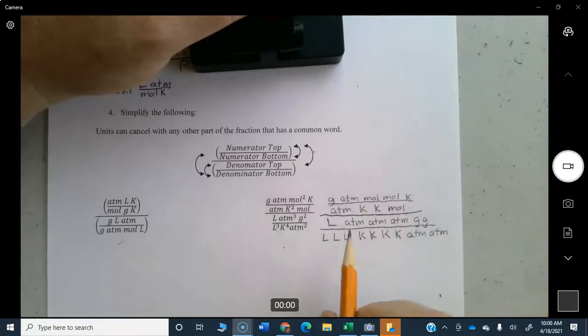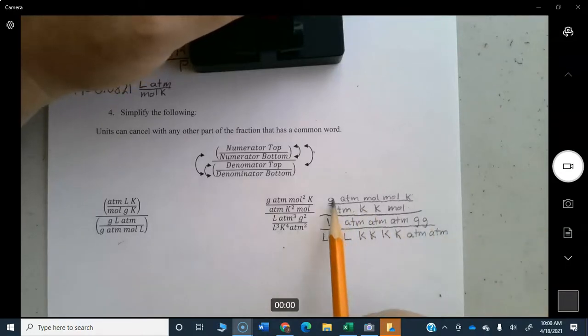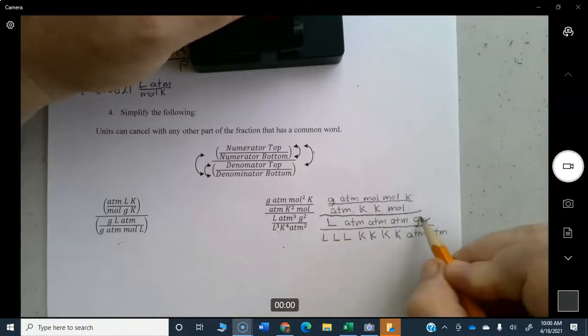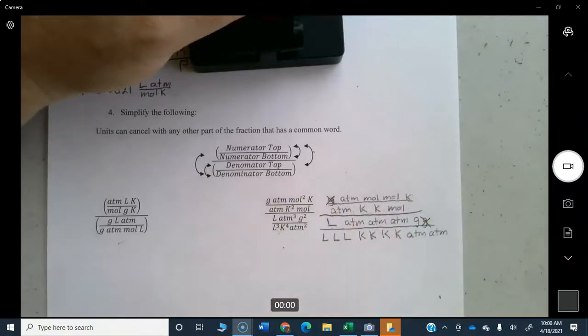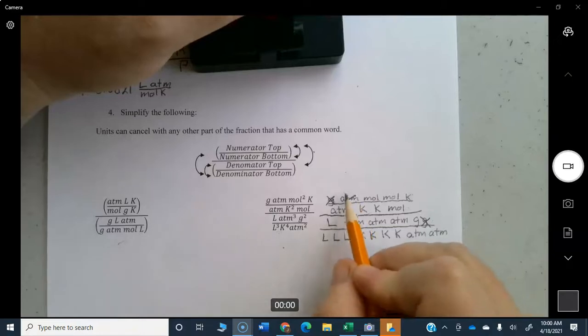Okay, so let's start at the top. So numerator top will cancel with numerator bottom. We don't have any grams on the numerator bottom. Or with denominator top, because they both have the word top in common. So this gram will cancel with one of these, so those two cancel. Atmospheres. Numerator top will cancel with numerator bottom. There's an atmosphere there, so we can cancel that.